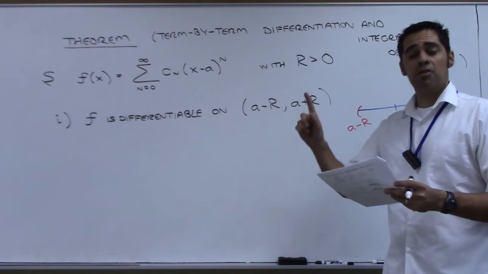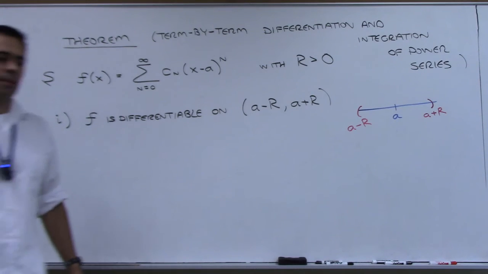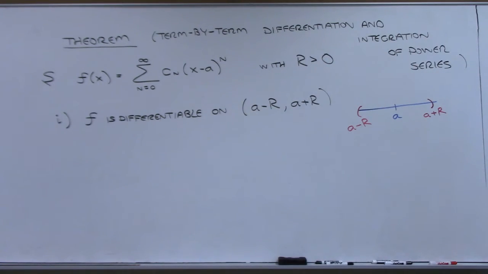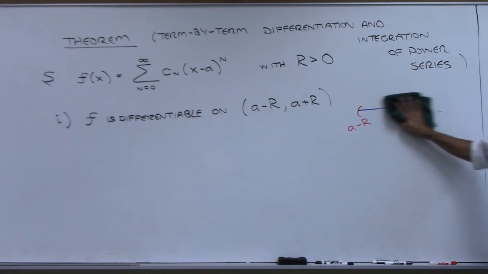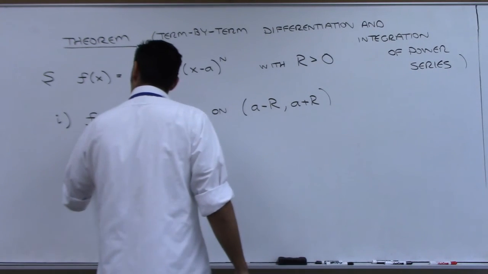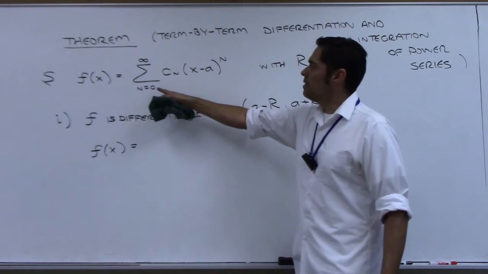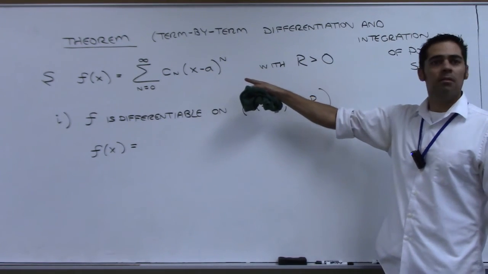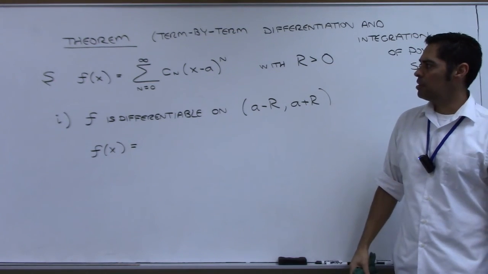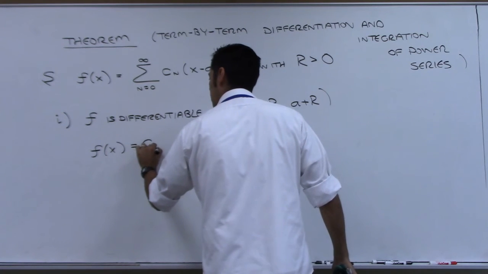All right, so it's differentiable. Well, if it's differentiable, I wonder what the derivative is. Don't you? What's the derivative? Well, let's write out what f is. Tell me what f of x is. Give me this power series written out, the first few terms. So let n be 0 and tell me what you get. c sub 0, so some number, right?